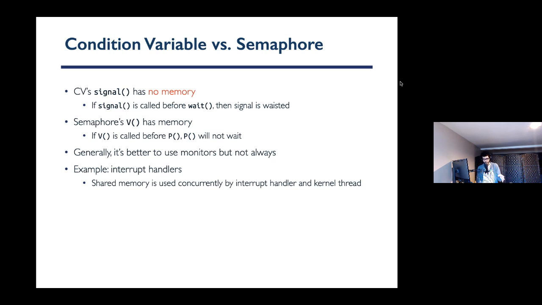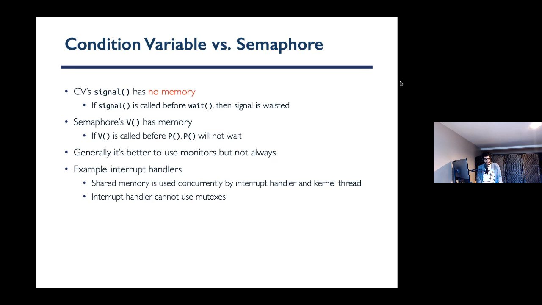We still can use them, but they're not the best fit, and it's better to use semaphores. Here is an example. Let's say that you have a shared memory that is used by the interrupt handler and a kernel thread, and you want to prevent race conditions or data race.